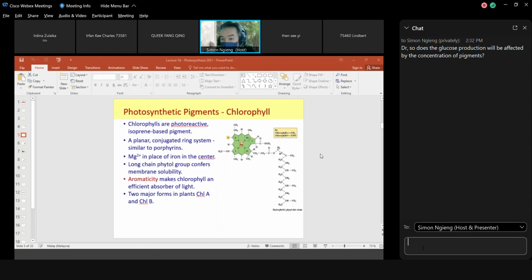If the question is focusing on just one specific time point, then normally yes, because if you have more of those pigments, of course more can be excited, but that still depends on the component present inside this chlorophyll.